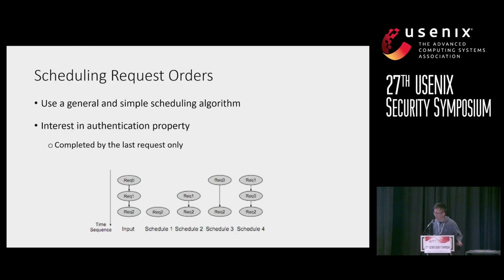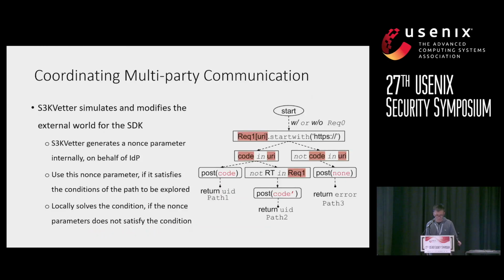Since we are only interested in the authentication property, which is completed by request 2, other schedules also end with request 2. So after that, if we break the request orders, we need to coordinate multiple parties.